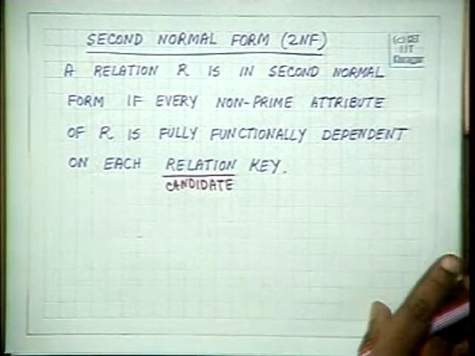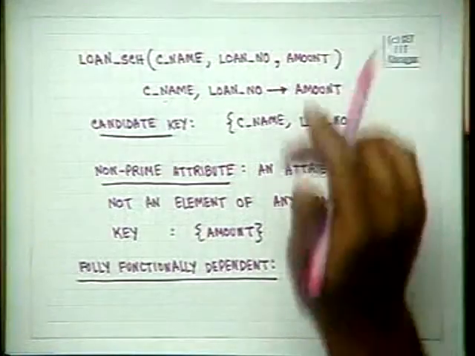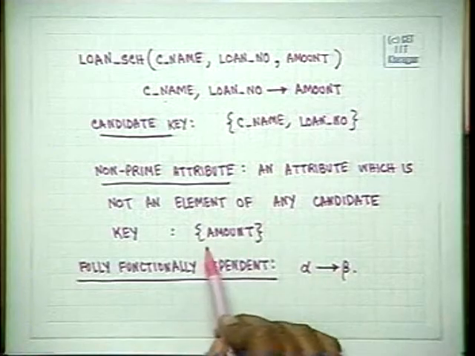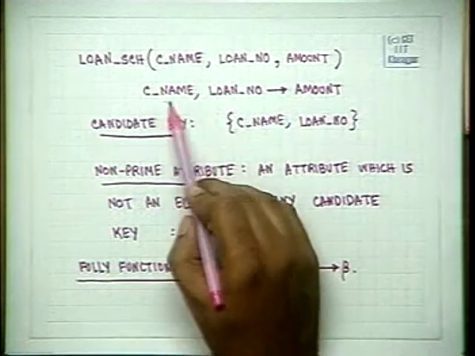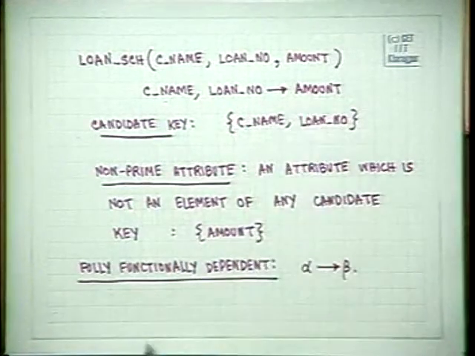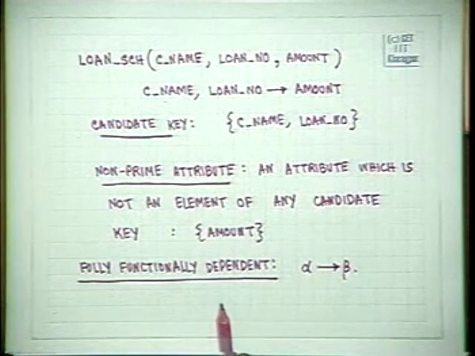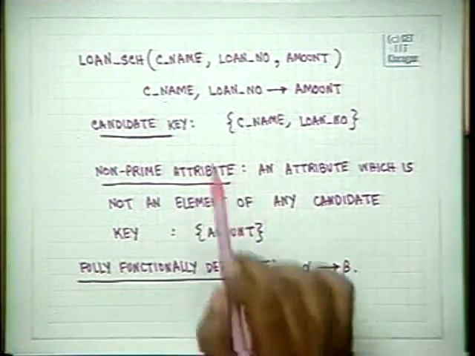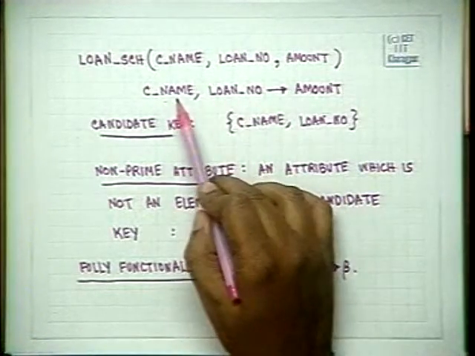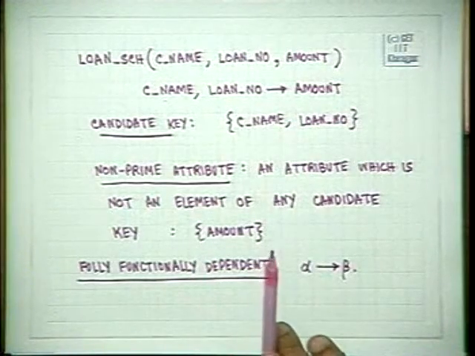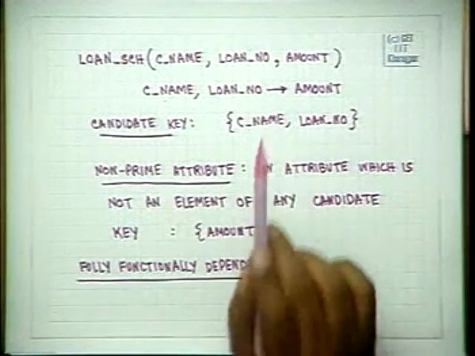What are the candidate keys here? Only one. What is the non-prime attribute? Amount. And it is fully functionally dependent on the key. Therefore, this is in second normal form.